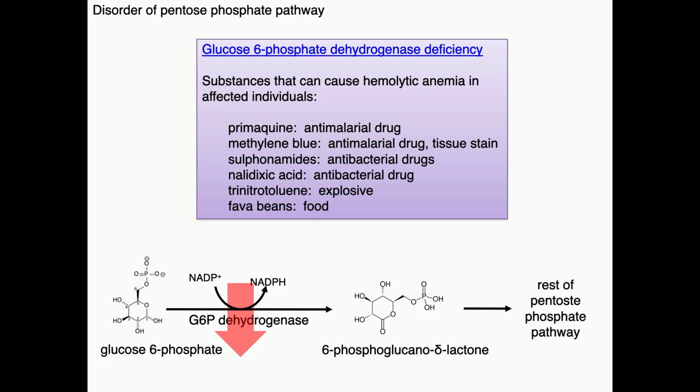Anyways, there's sulfur-containing compounds in fava beans whose metabolism causes oxidative stress, and in people that lack this robust pentose phosphate activity, they can't generate enough NADPH to keep their glutathione in a reduced state to overcome the oxidative stress.